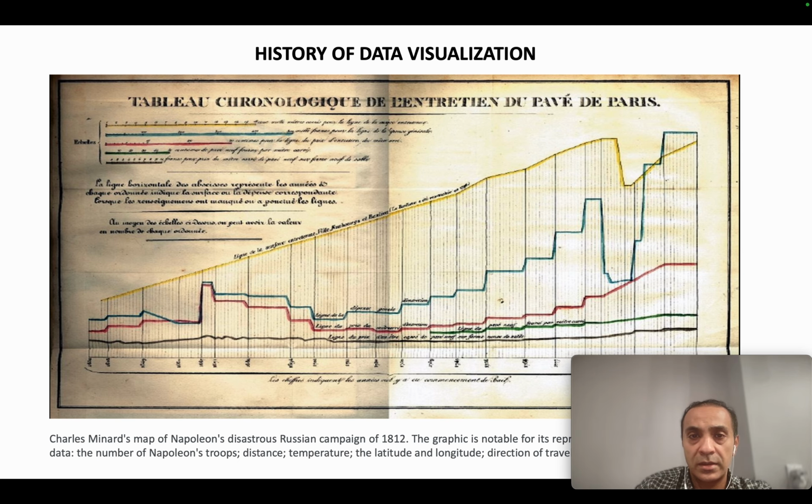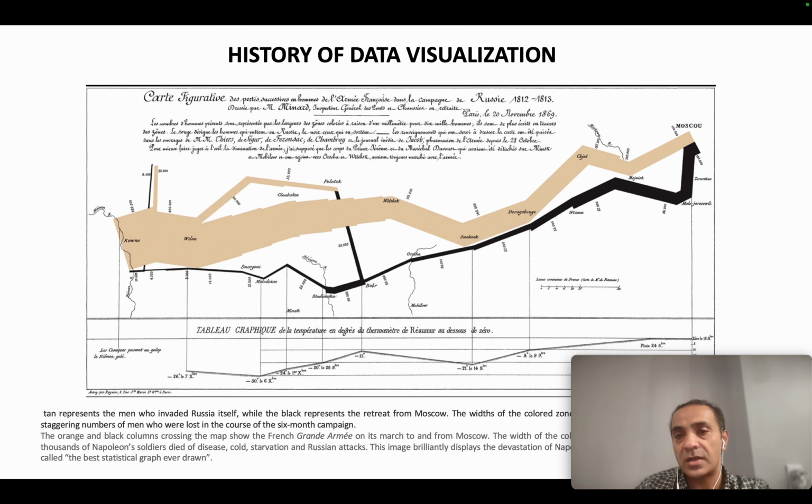So let's see the newer version of this. The chart is the same, but it's been recreated in English as well as French. There are two colors here, the tan color and the black color. The tan represents the men who invaded Russia itself, while the black represents the retreat from Moscow.